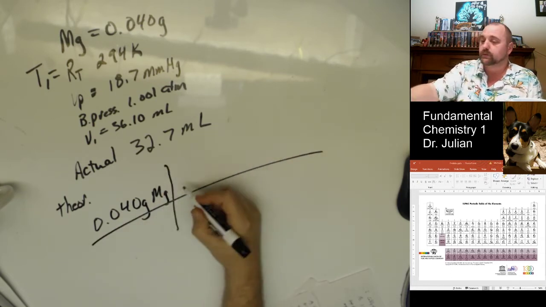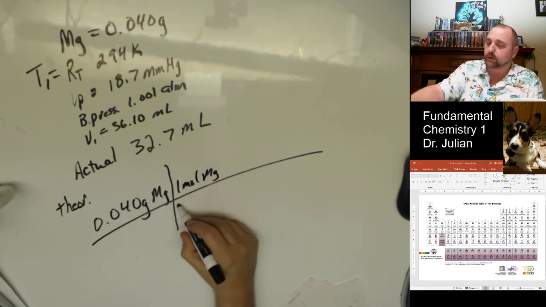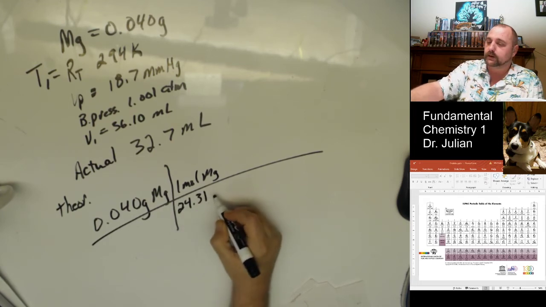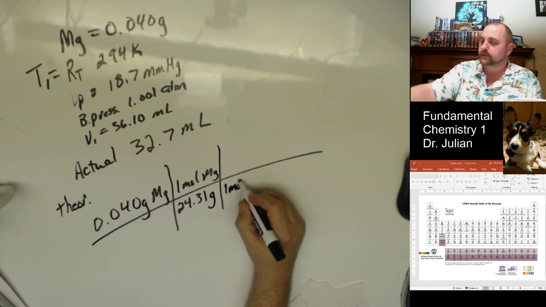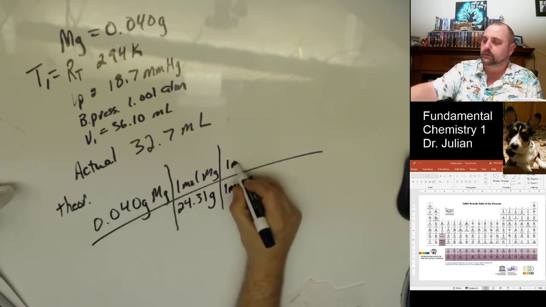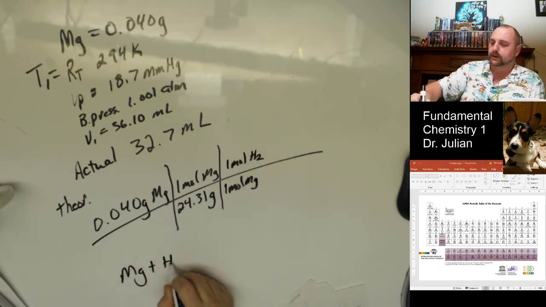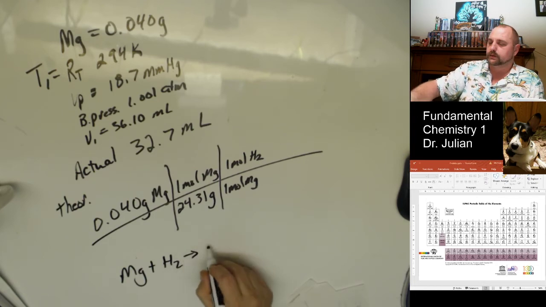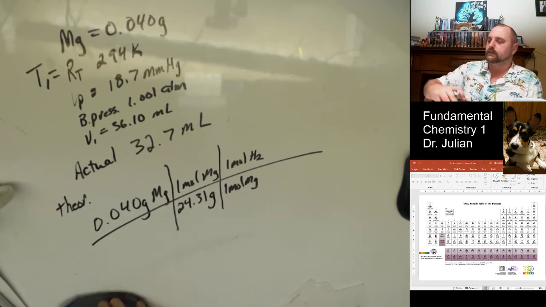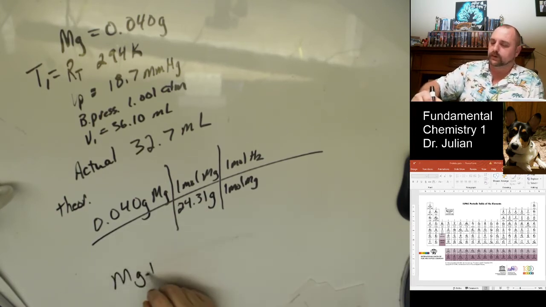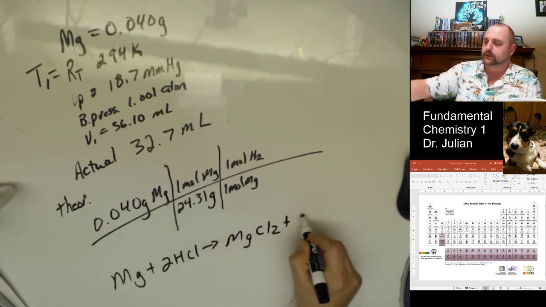And we're going to go for each 1 mole of magnesium, it's 24.31 grams. And it was 1 mole of magnesium to 1 mole H2. That's from our equation, magnesium plus 2HCl goes to MgCl2 plus H2.